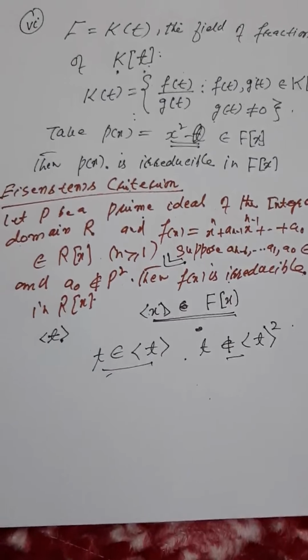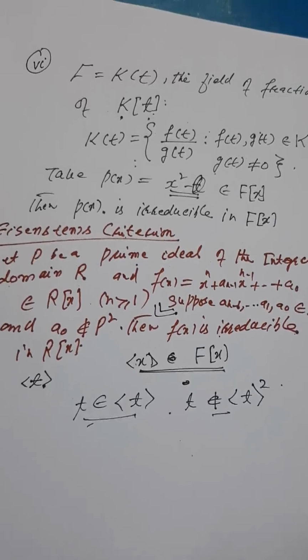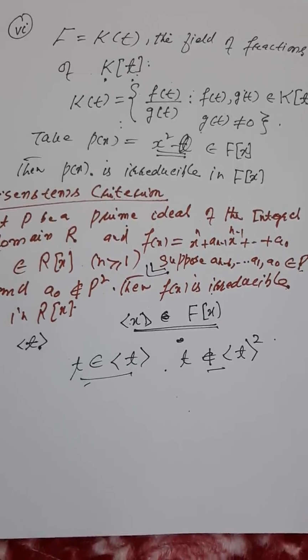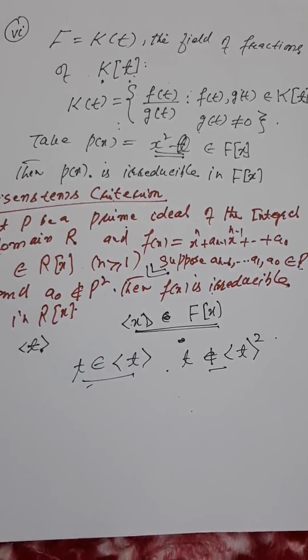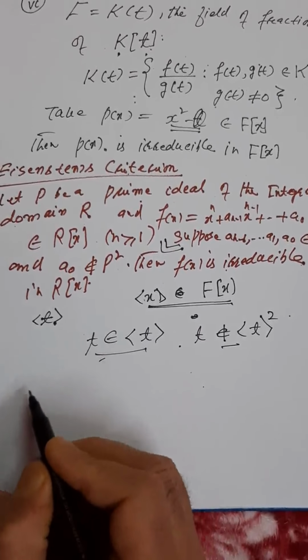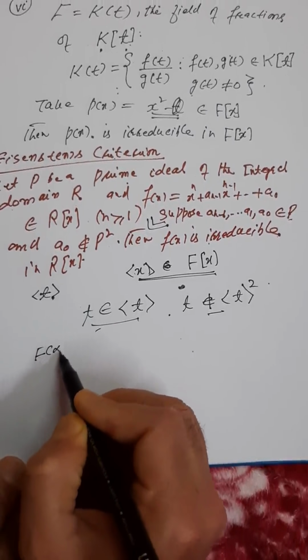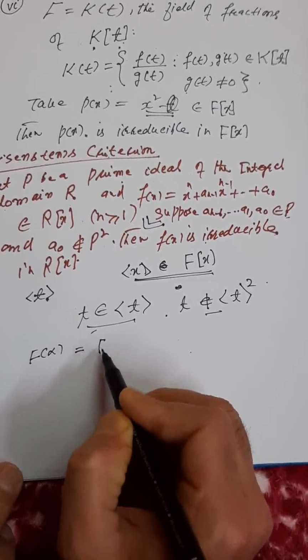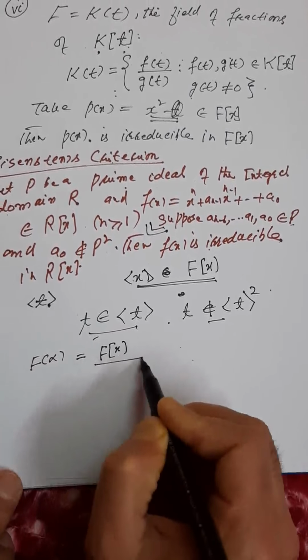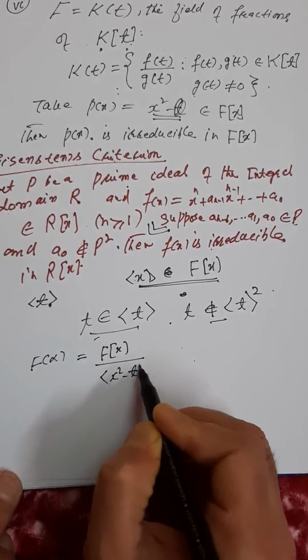Okay, so once it is irreducible, then you have the extension field of F. So the extension field of F, say I denote it by F(alpha), which is F[x] modulo the ideal generated by x square minus t.